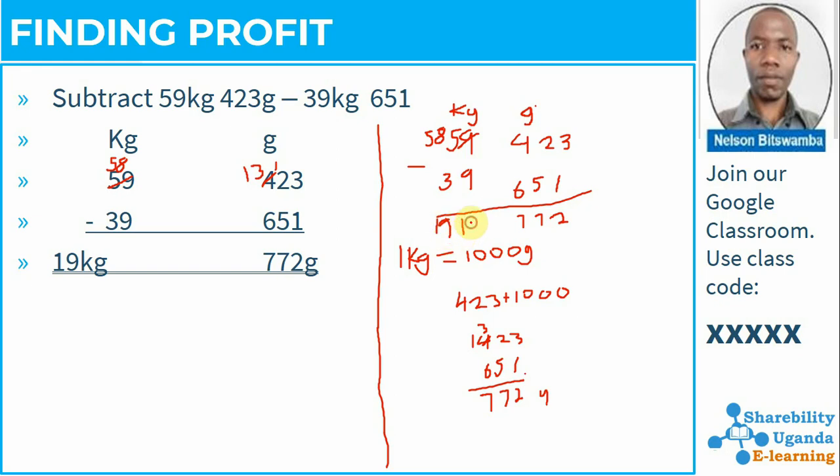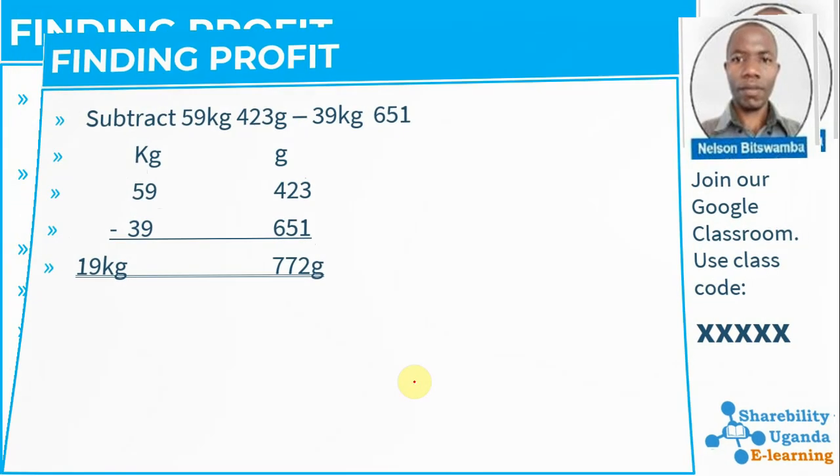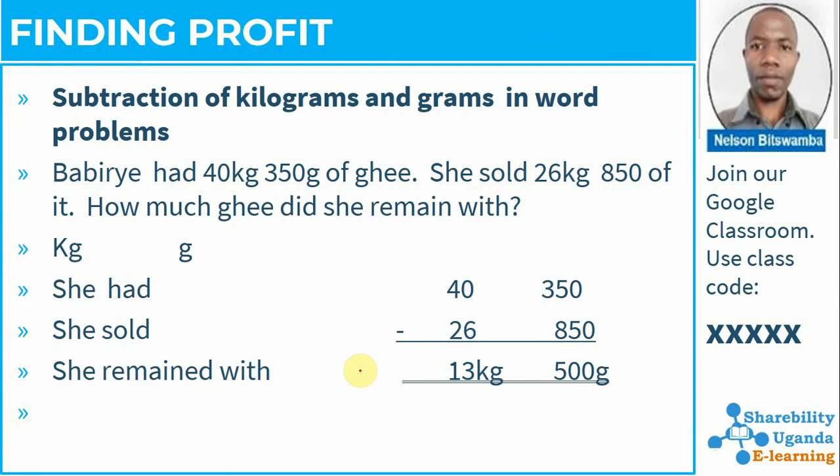So this is going to be kg. This is going to be grams. So you can also use this concept. It's also very right. You can also come up with a right answer.